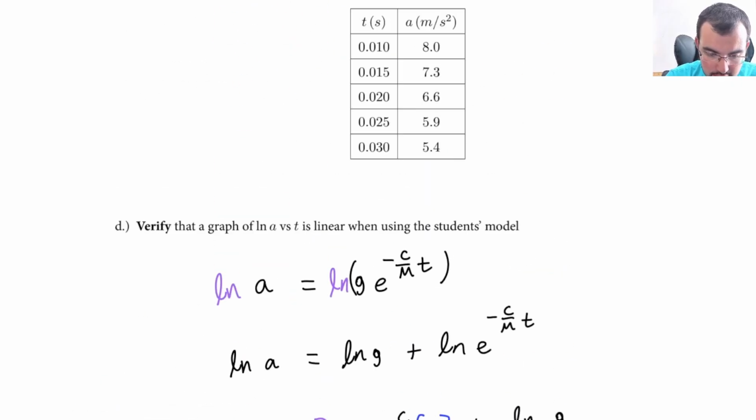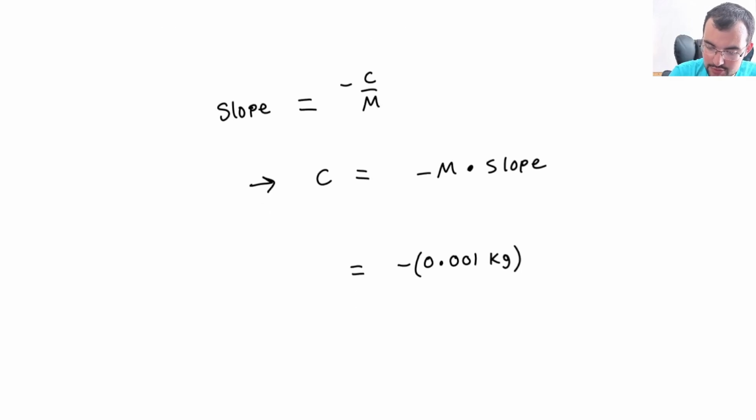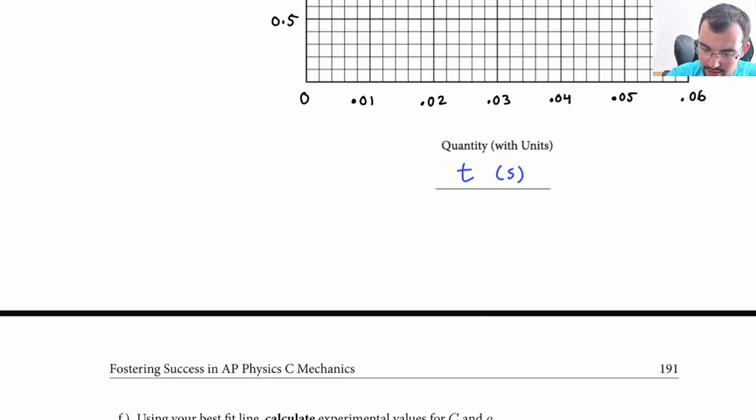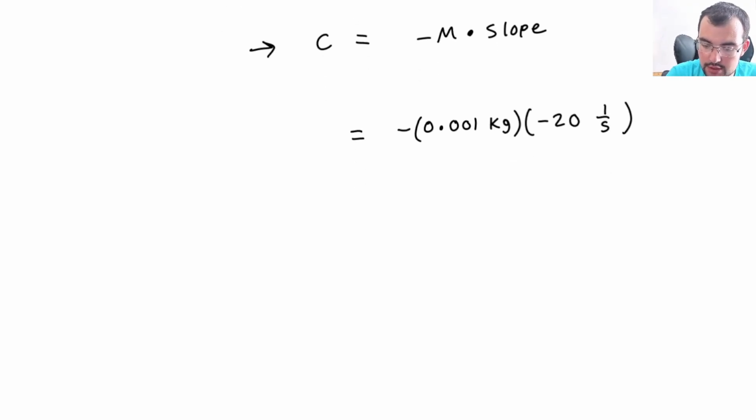Yeah, 0.001. Yes, 2 zeros, not 3. And then times the slope, which is pretty close to negative 20. And the units of our slope would be nothing divided by seconds. So we would get, is that 0.02? Yep. So the drag constant c would be 0.02 kilograms per second.